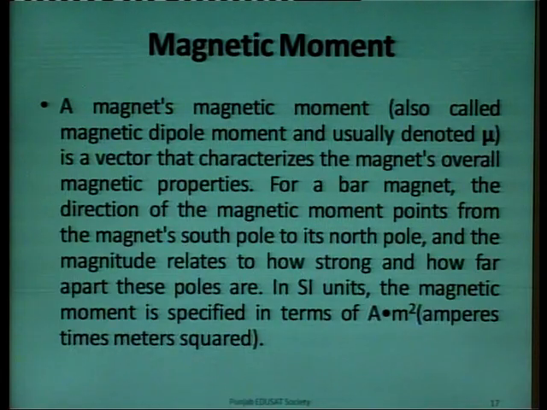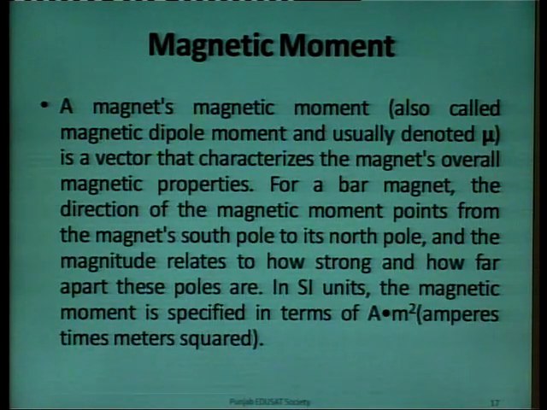Then we have the magnetic moment. The magnetic moment, also called the magnetic dipole moment, is usually denoted by the Greek letter mu. It is a vector that characterizes the magnet's overall magnetic properties.